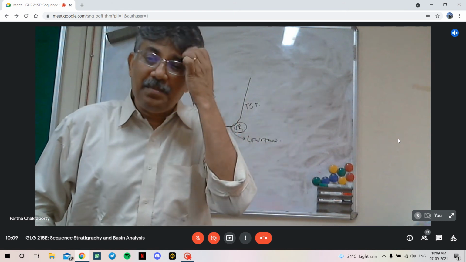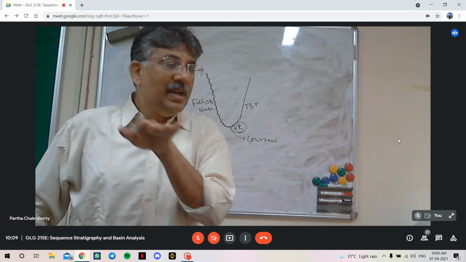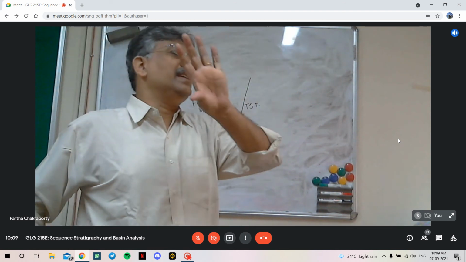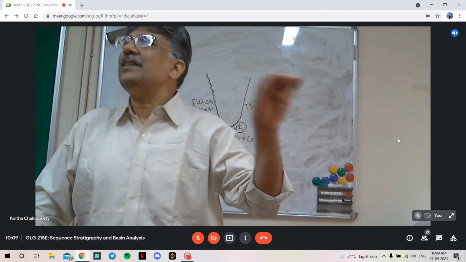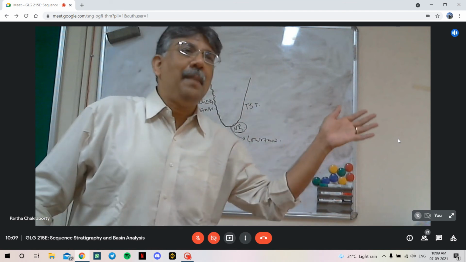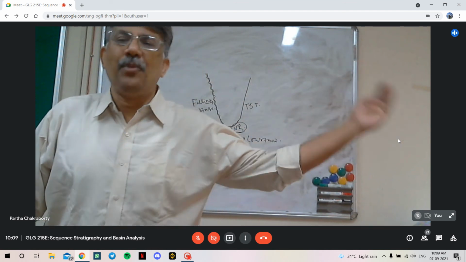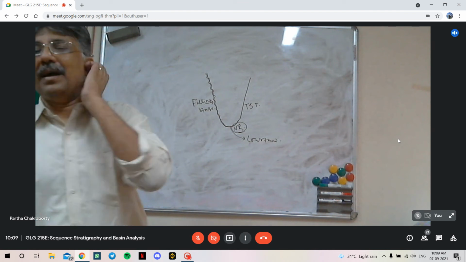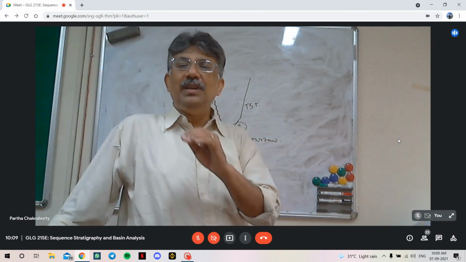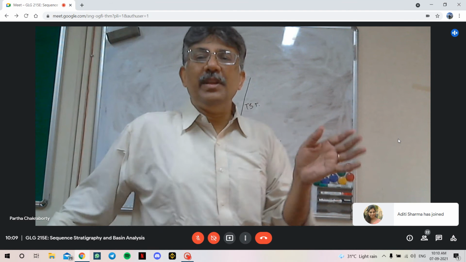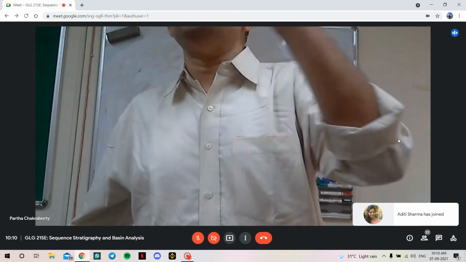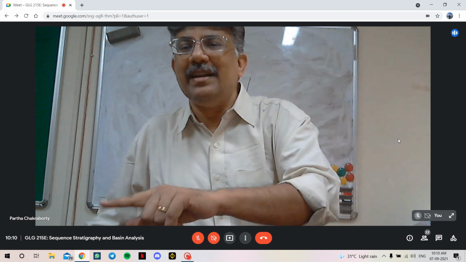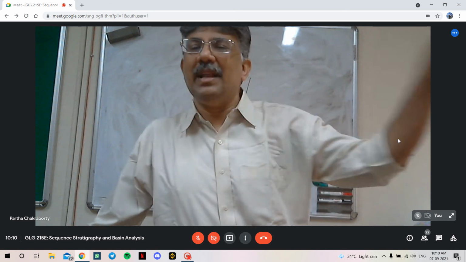If you see that figure very carefully, in different time slices the shoreline is moving towards land, and that shows there is an onlap in the proximal part and a downlap in the distal part. You can see how the strata are. Even when you go to the seismic, you will see this stratal relationship, that there is an onlap and a downlap, and that you basically match.